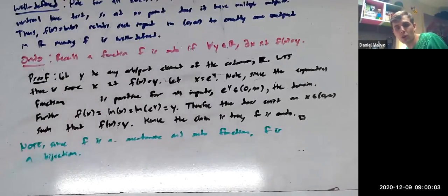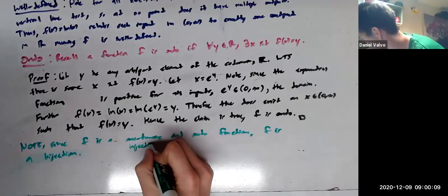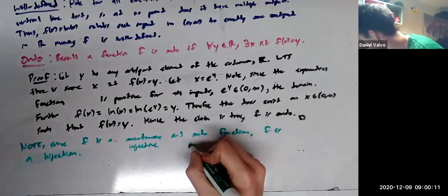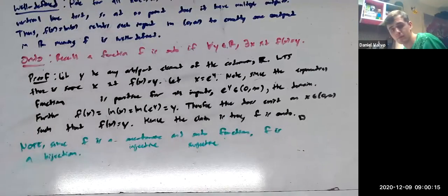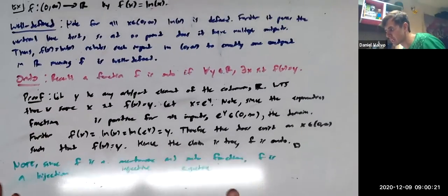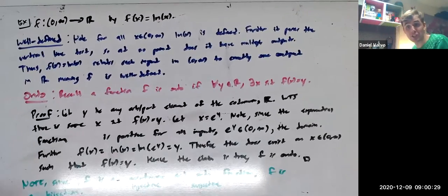We call functions that are 1-to-1 and onto bijections, or injective and surjective. So there we go. That is ln of x for you. It is well-defined, onto, and 1-to-1, making it an injective and surjective function, making it a bijection. Any questions? Email me if so.